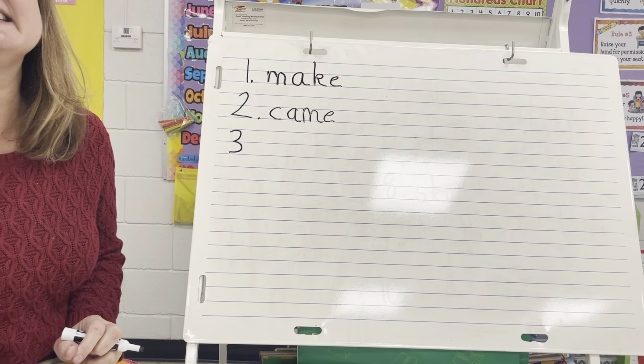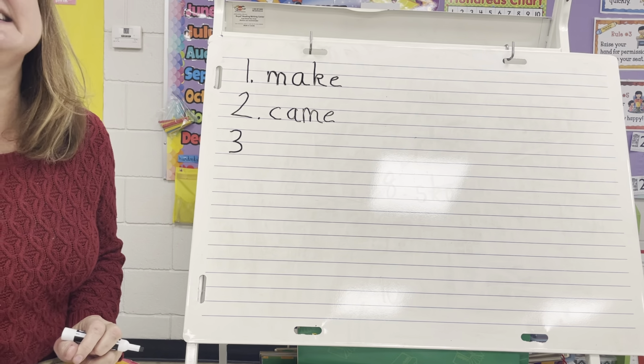All right, let's try number 4. Number 4 begins with G. It begins with a G sound and rhymes with blame. I'm going to let you go ahead and write. Write the word down.